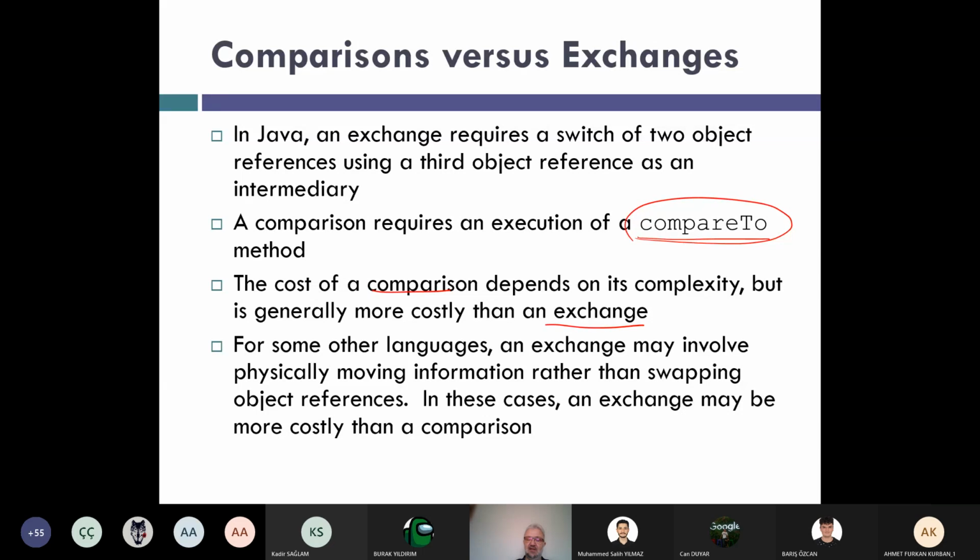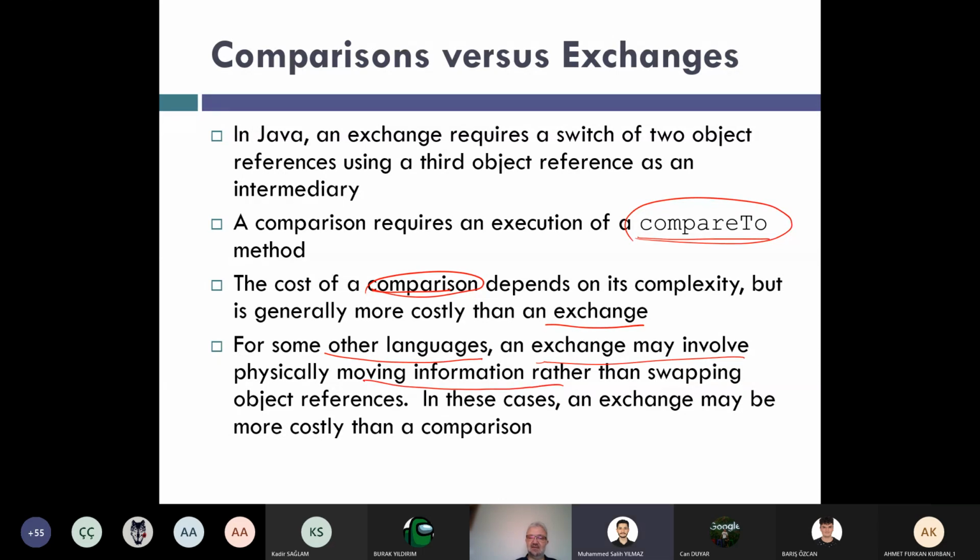So comparison is usually more time consuming than exchange operations in Java. For some other languages, exchange may require moving the elements themselves, the information rather than references.